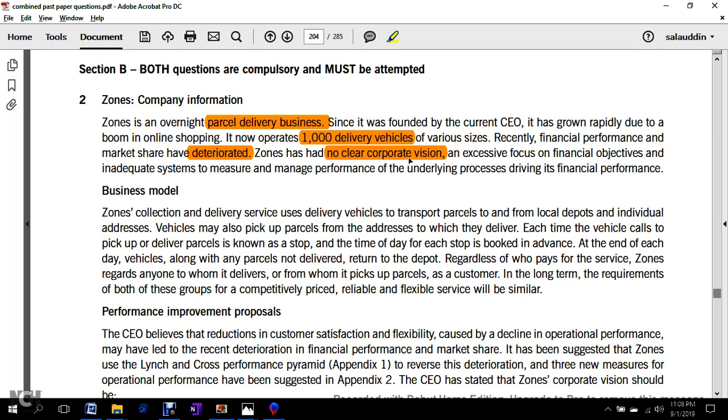There is an excessive focus on financial objectives, on the financial returns, on the profits, on the ROCE, all the financial focus, and an inadequate system to measure and manage performance of the underlying processes driving its financial performance. So they had no adequate metrics to measure and manage performance. Actually they had, but their systems were inadequate.